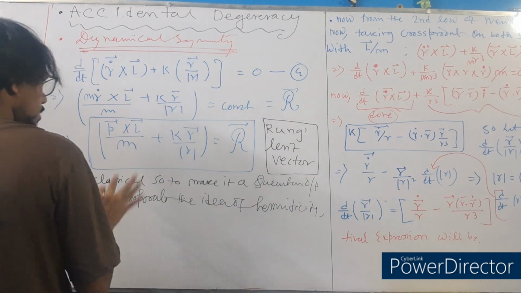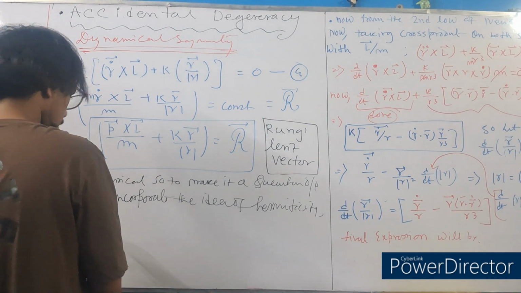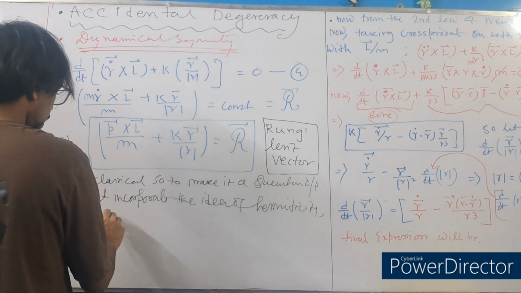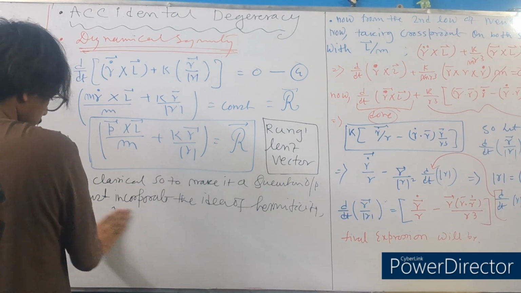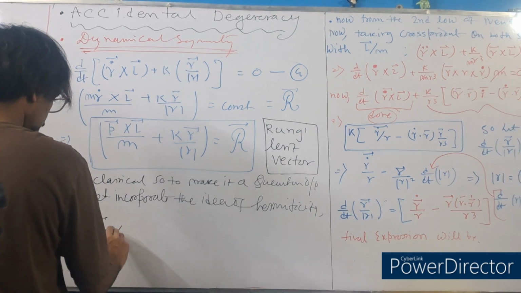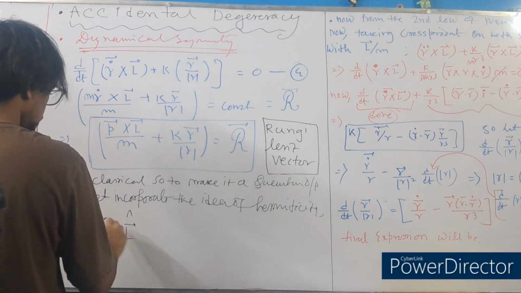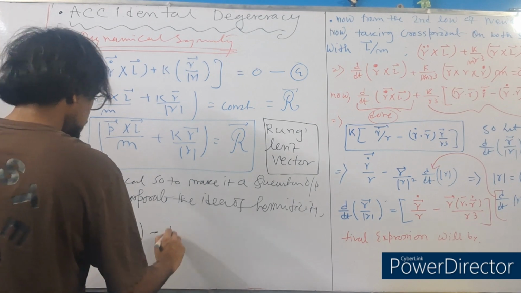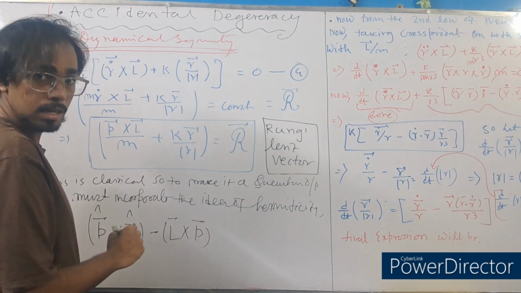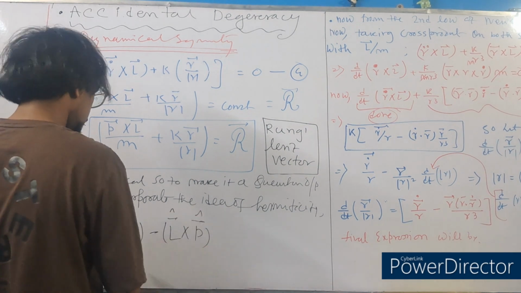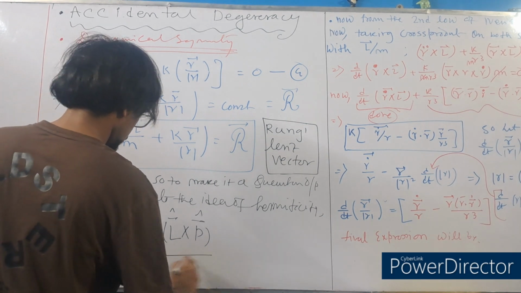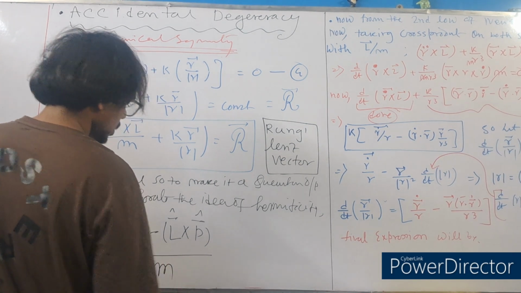So we will just write P cross L with operator status on them, minus L cross P. I have now allowed the non-commuting nature as they are operators, divided by 2m.